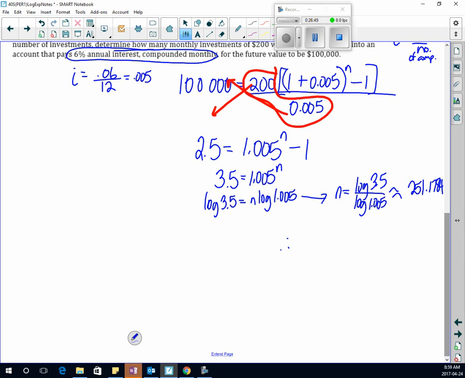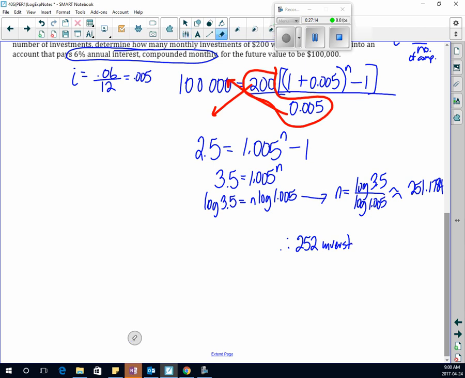Now, I would actually need more than 251 investments, right, to make 100,000. So this is where the gray area is, do you say 251 or 252? Because really it's on the next payment that you actually get over. So you could say, oh, part way between. But let's just say, therefore, 252 investments.